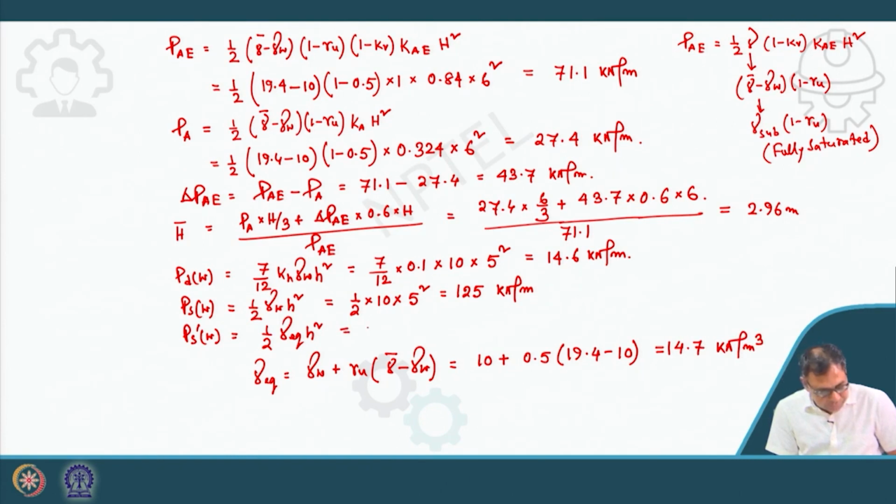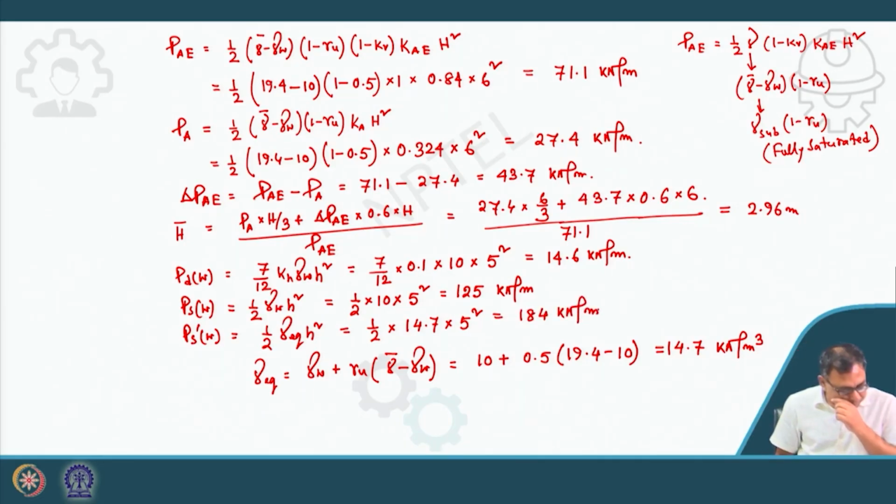So now if I put this value, it will be half into 14.7 into 5 square. So this is 184 kilonewton per meter. So, all the forces have been calculated.